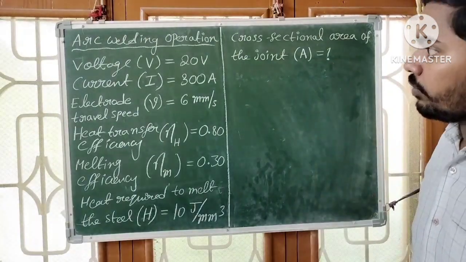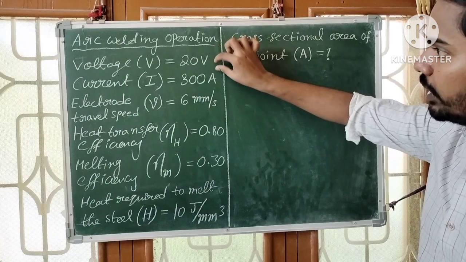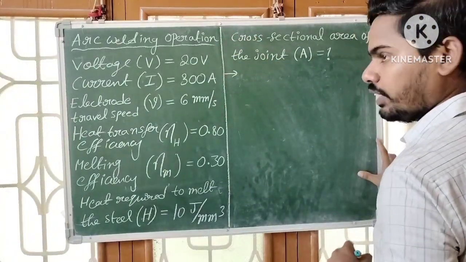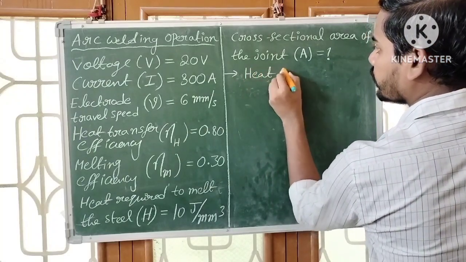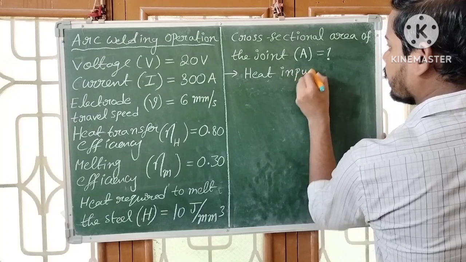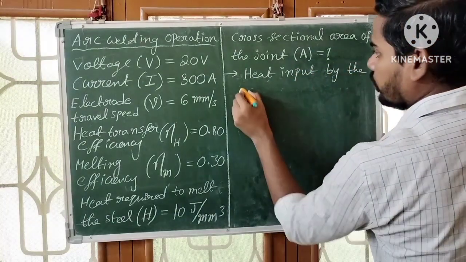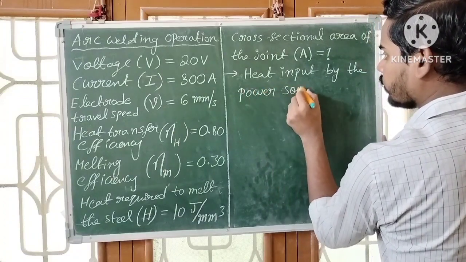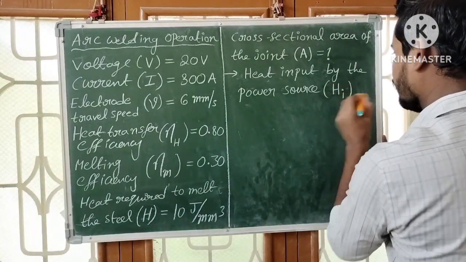First of all, given power source voltage and current. Now let us find, step 1, the heat input by the power source, denoted by HI.